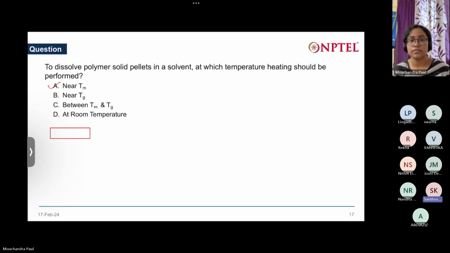It should be in the Tm range, so the temperature should be near Tm. Yes, you're correct. Otherwise, you won't get a homogeneous solution; you will get a phase-separated kind of thing, and you don't want that. So for homogeneity, you should melt near or at Tm to get a polymer solution.